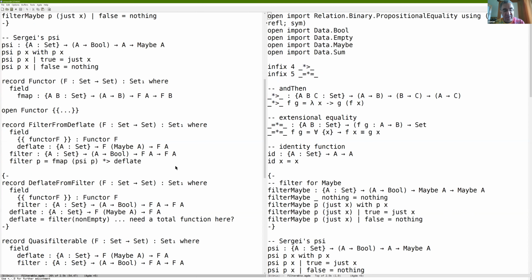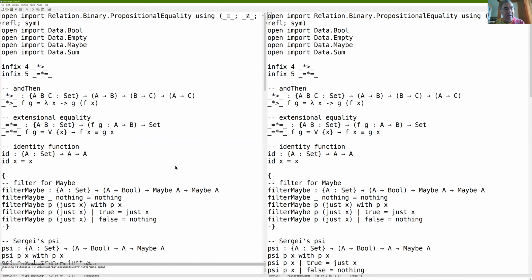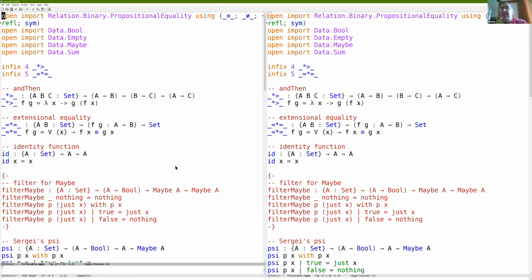The place where I got stuck was as soon as you try to talk about deflate and you want to use get from the maybe version for get. Get is a partial function.